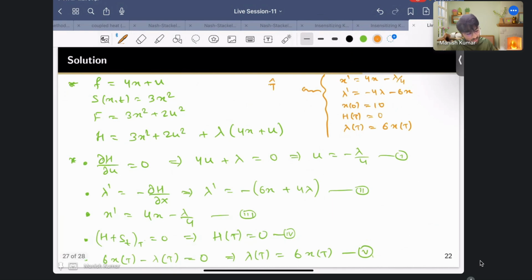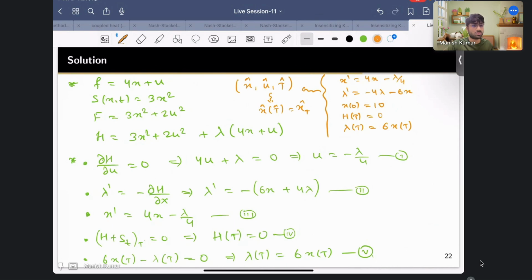When you solve it, you'll get x hat, u hat, and T hat. When you get the solution, you can solve the system to get x hat at T hat, the optimal terminal data as well.